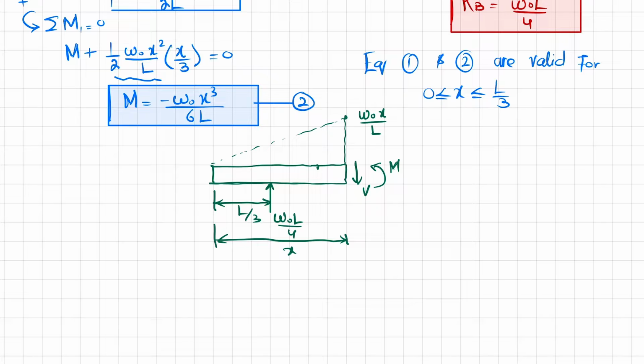And if we convert this uniformly increasing load into a point load, it will be this load, equal to 1 over 2 W naught X over L into the total length of the beam, which is X. And again this will act, this distance will be X minus L by 3, because this is total L, not X minus L by 3.